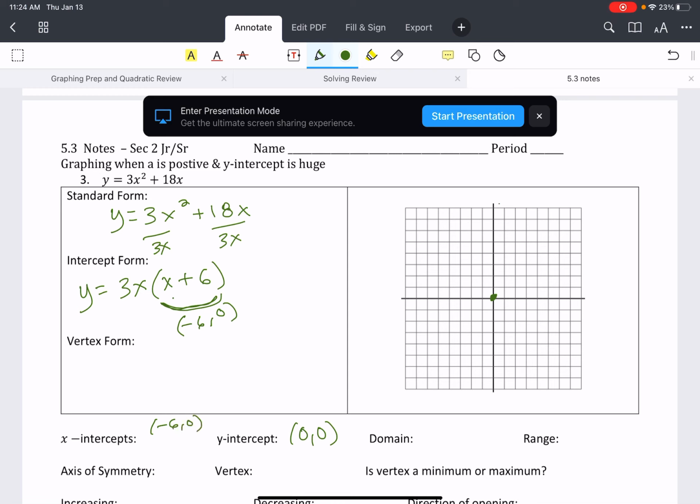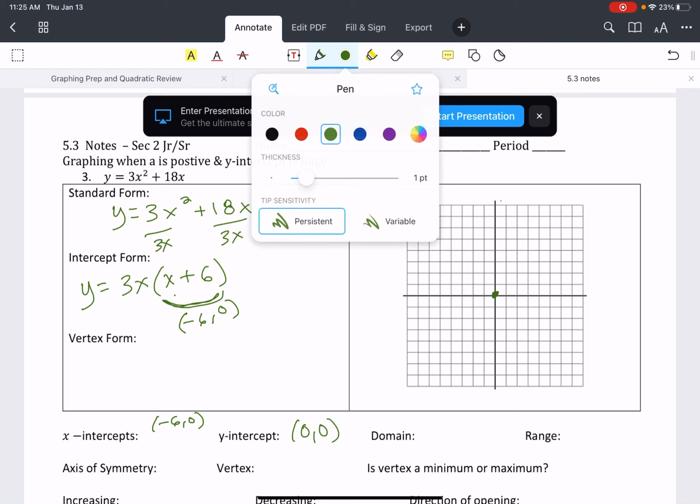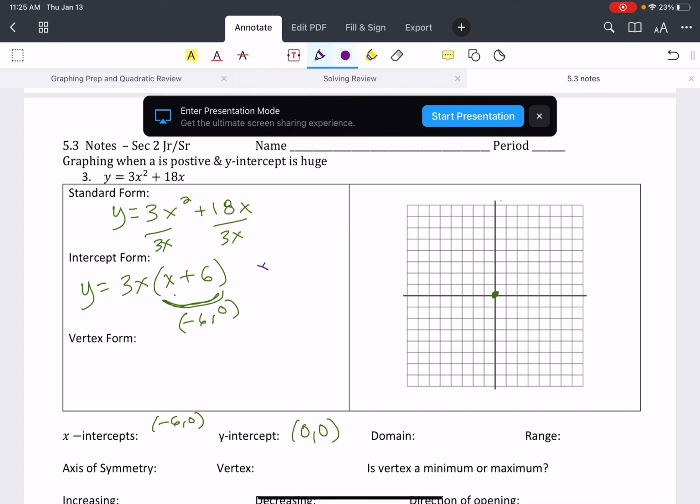But you got to be careful on this next one because the 3 is being multiplied. So think of it like this. The reason why the -6 is there is because I'm doing x plus 6 equals 0.